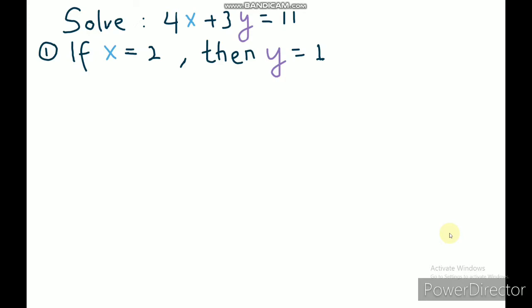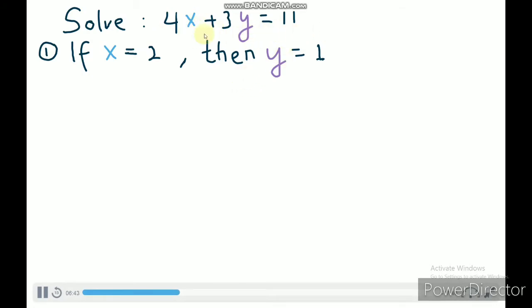The first one: we want to solve x plus 3y equals 11, and I want to find the first combination. This is my approach. If x equals 2, then y equals 1. Since this can be calculated mentally, I want to find the first combination of x and y to make this true.